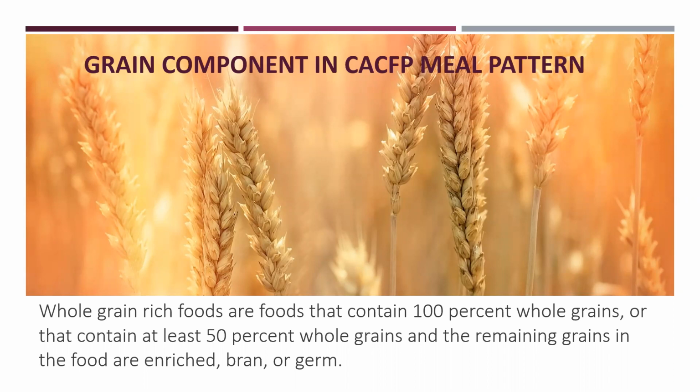We'll discuss what and how to determine if a food meets whole grain rich criteria in future slides. The CACFP crediting and whole grain rich requirements apply to all grain products and recipes, including commercial grain products and grain foods made from scratch on site.